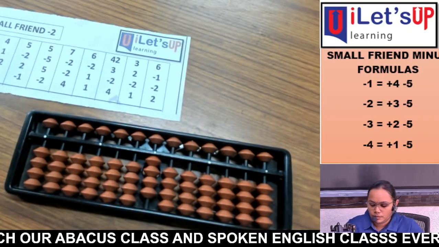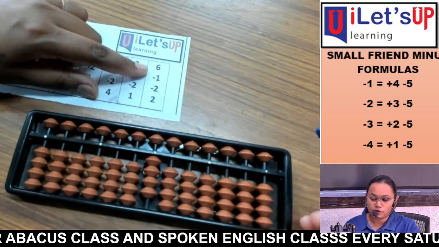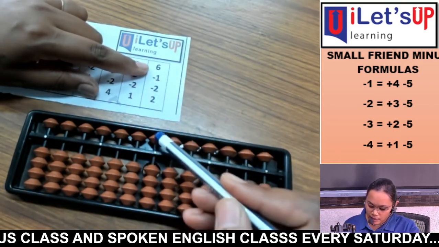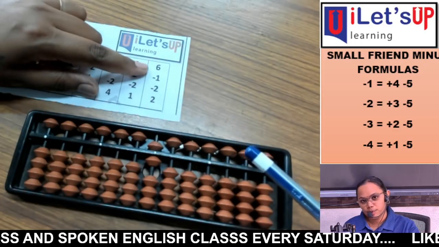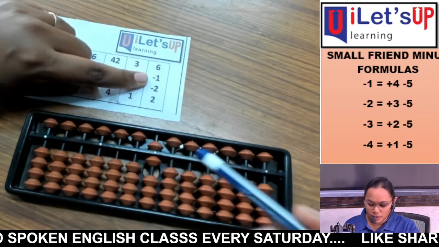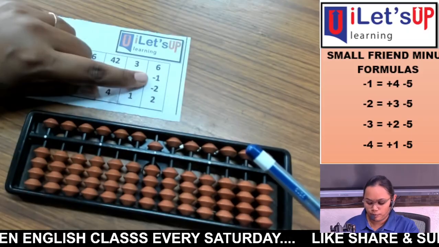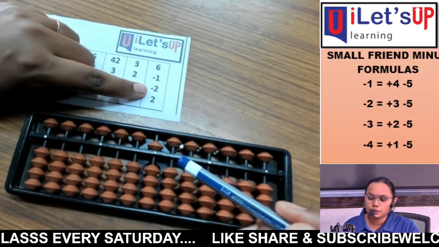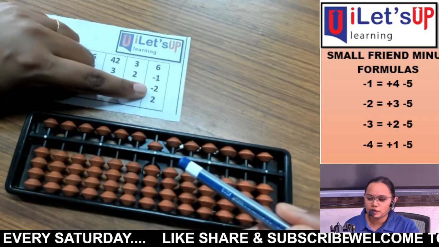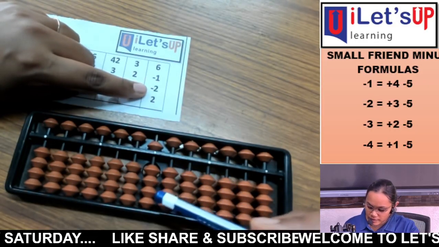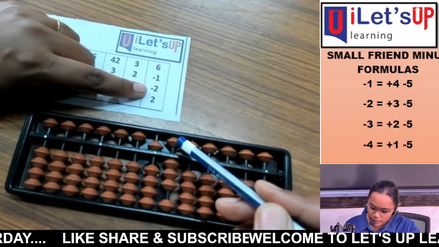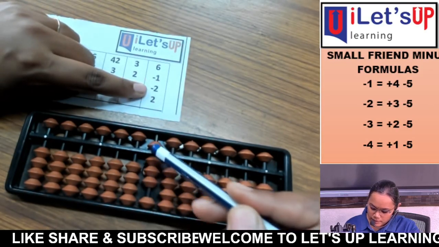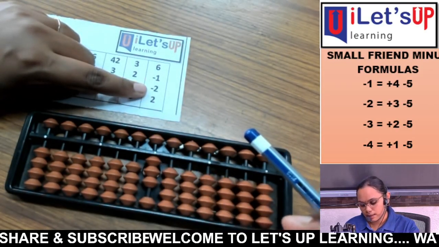Okay. Next, last question of our today's session. Represent 6. Represented. Subtract 1. Done. Subtract 2. Not possible. What do I need to do? I just need to apply the formula. Minus 2 is equal to plus 3 minus 5. Done.